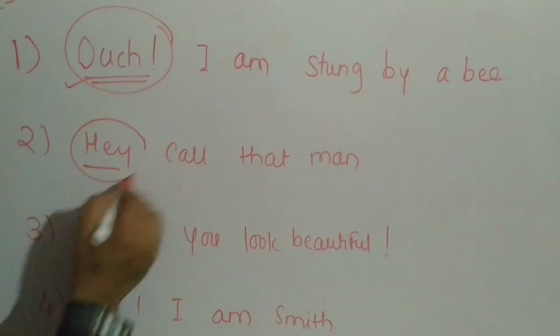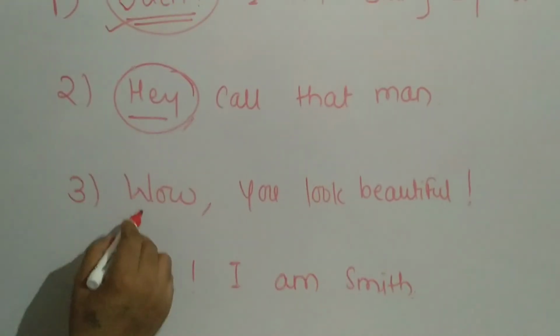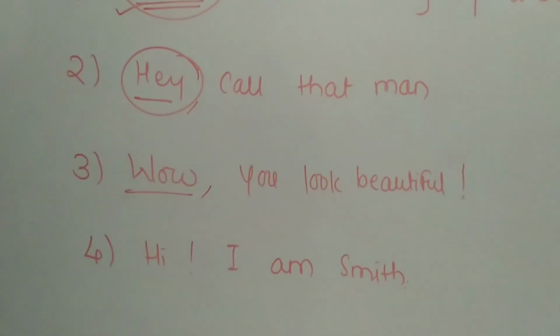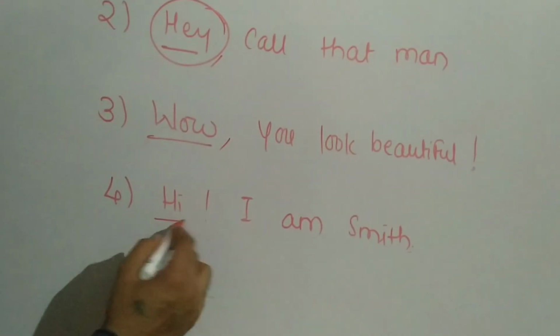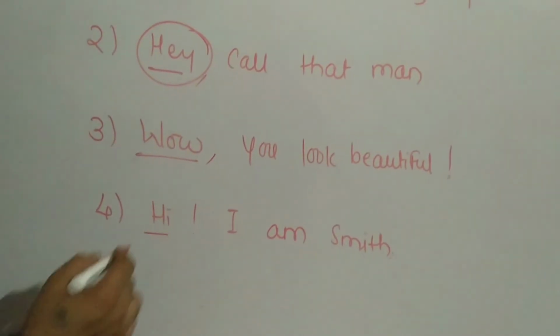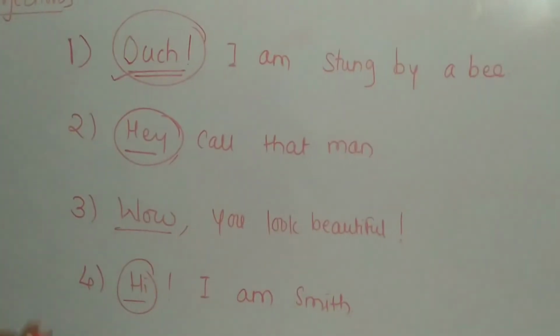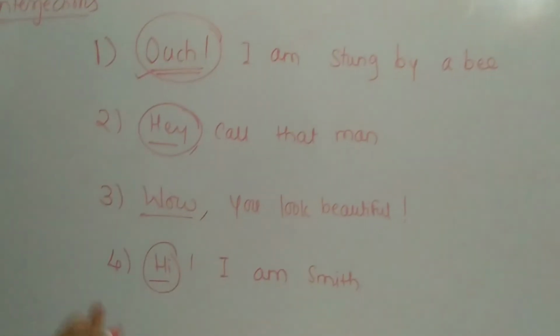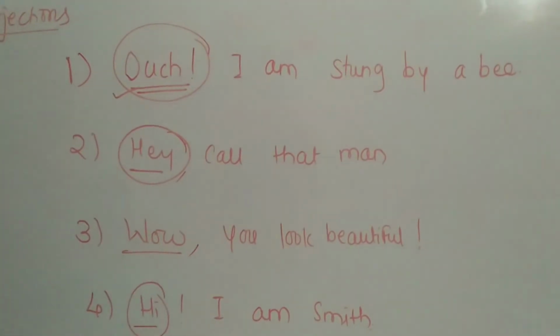Here hey is the interjection. Now, wow, you look beautiful is also an interjection. Hi, I am Smith. So hi is the interjection. In these sentences, ouch, hey, wow, hi are indicated as interjections.